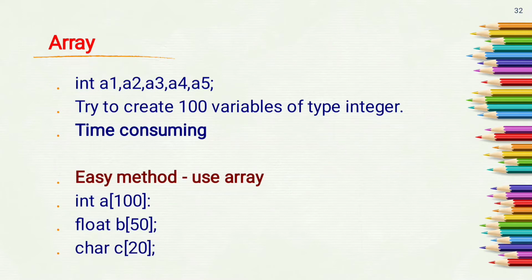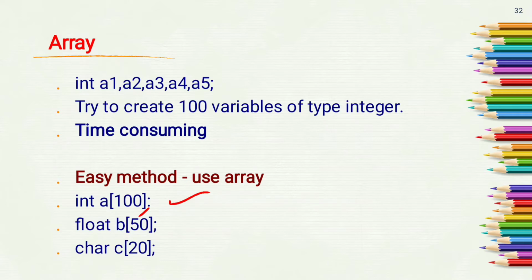If I want to create an integer array of 100 variables, then I have to write int, then the name of the array A. Then in square brackets you have to mention the size of the array, that means how many elements you want to create using the array. Then a semicolon. By using this declaration, you can easily create 100 variables of type integer.